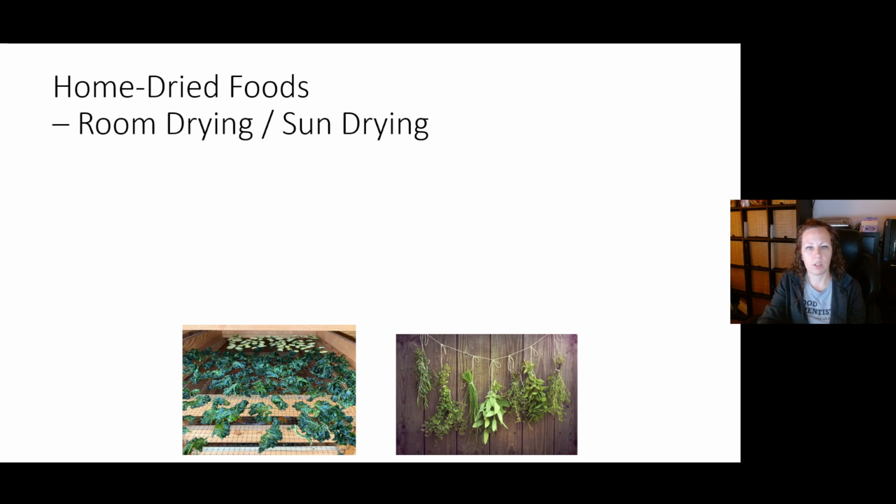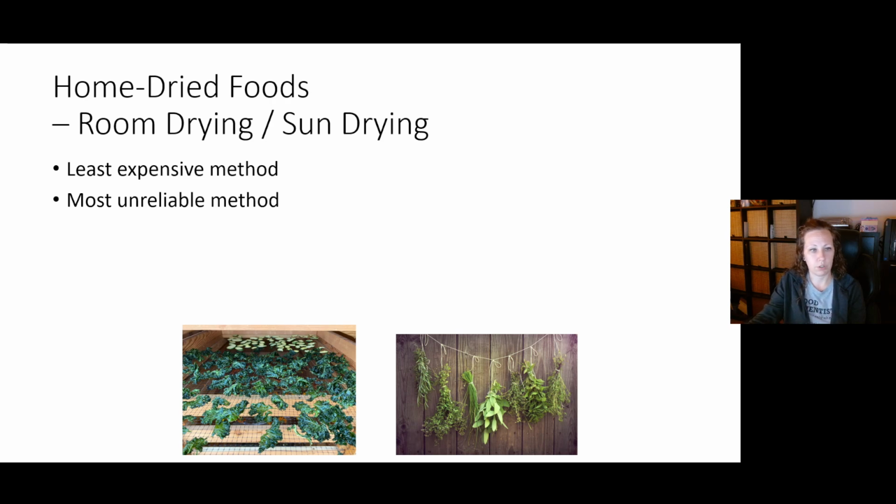So room drying or sun drying is going to be the least expensive method. It just means that you have your food on a tray and it's in the sun or in a room that is dry enough that that food can lose its moisture. So it's also the most unreliable method because it's dependent on the weather.